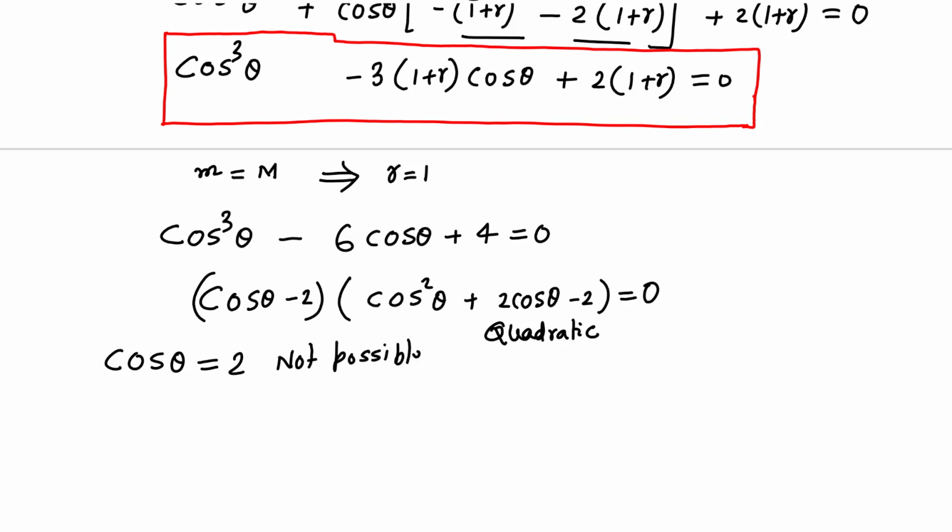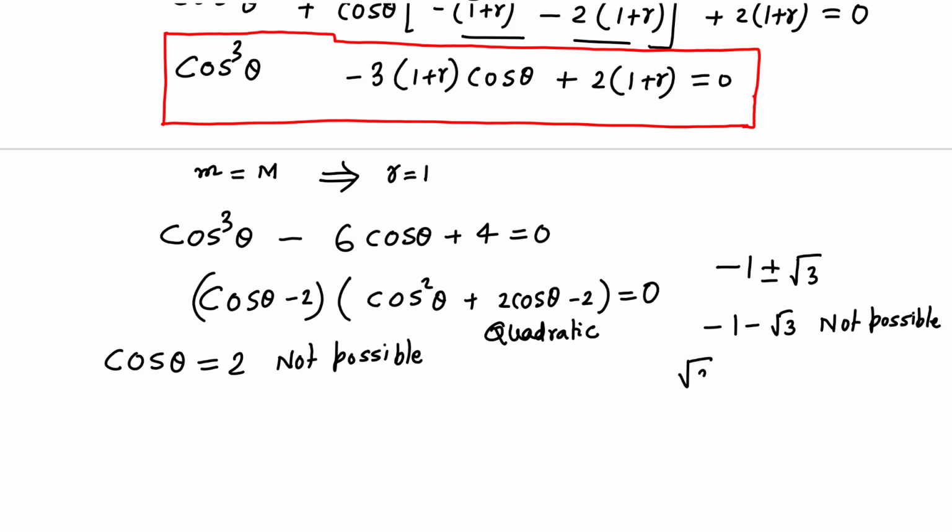And if you solve this quadratic equation using minus b plus minus root of b squared minus 4ac by twice a, you will have two roots, and these roots will be minus 1 plus minus root 3. The negative one will not be possible because that is greater than 1 in magnitude. So this solution is also not possible.